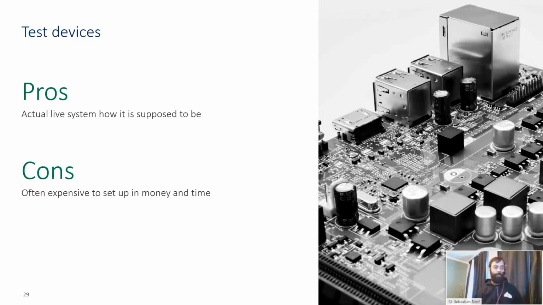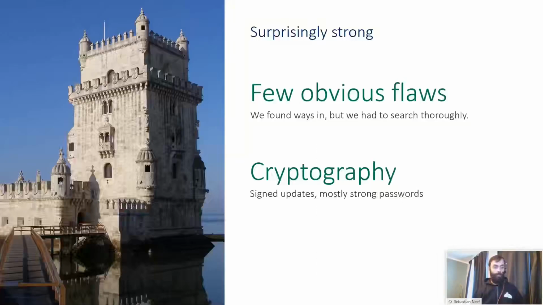So having both firmware analysis and test devices is great, but you should think about whether you have the money and the time for that. With that, I'll hand over to Lars, and he'll go into the details of what we thought was surprisingly strong and surprisingly wrong.